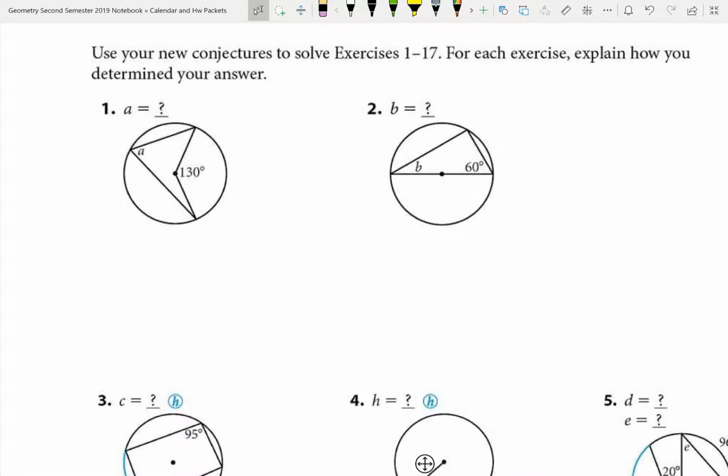You can see we have a central angle which is 130, so its intercepted arc is also 130 by the definition of arc measure. Central angle is that basically the intercepted arc equals central angle.